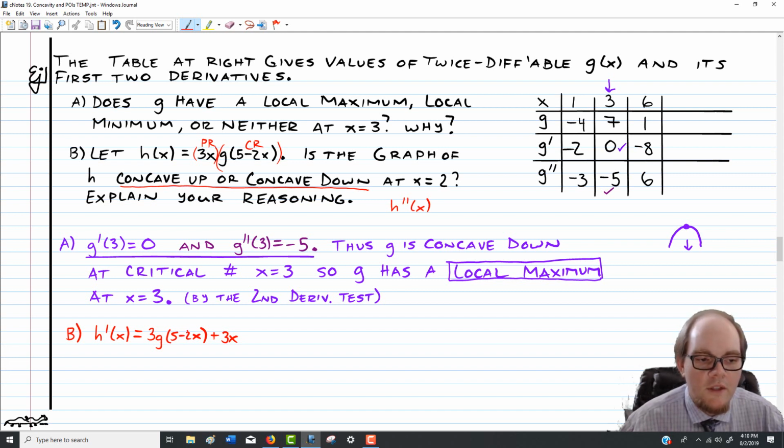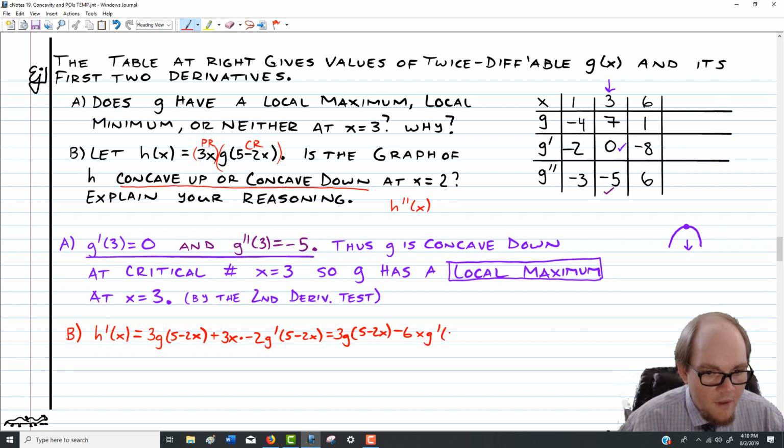Now for the chain rule part, the derivative of the inside is negative 2, so that means the derivative is going to be negative 2g prime of 5 minus 2x. Simplifying that a little bit, we get 3g of 5 minus 2x, again simplifying because we're going to have to take a derivative again, minus 6x g prime of 5 minus 2x. So there is our derivative, h prime.